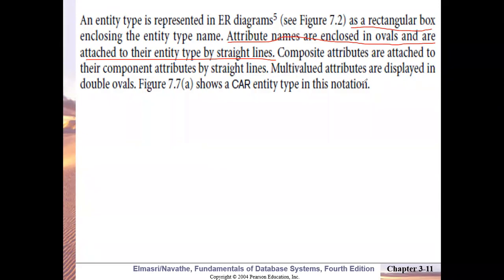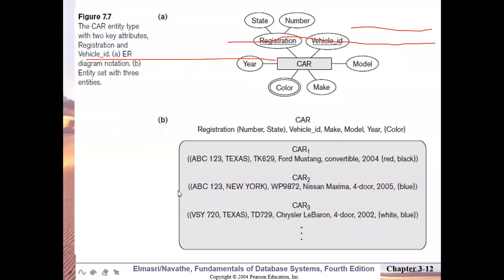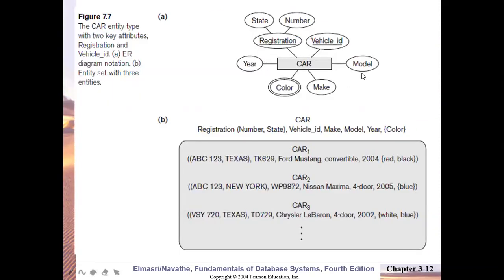Multi-valued attributes are displayed in double ovals. What are multi-valued attributes? These attributes might have multiple values, like degrees of a person or color of a car. Let us see it with the example. What is the entity type here? Car.